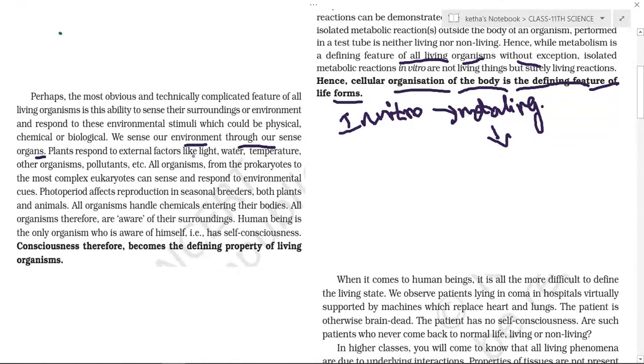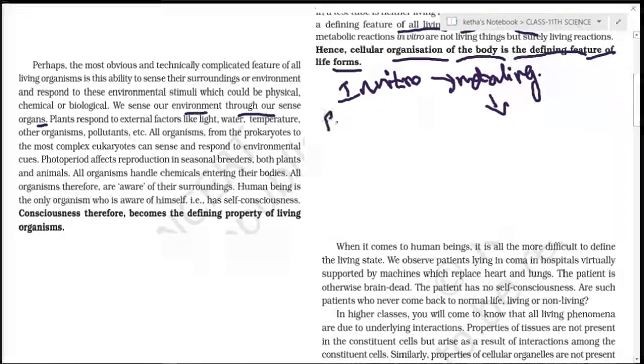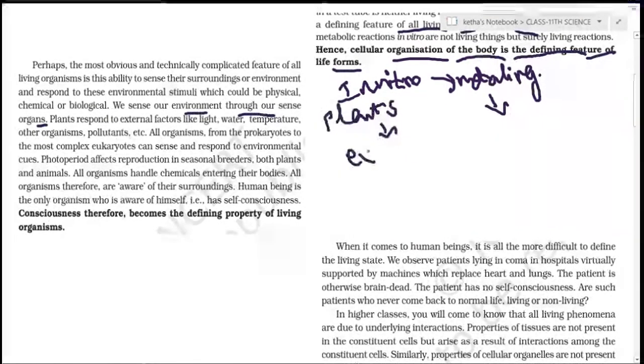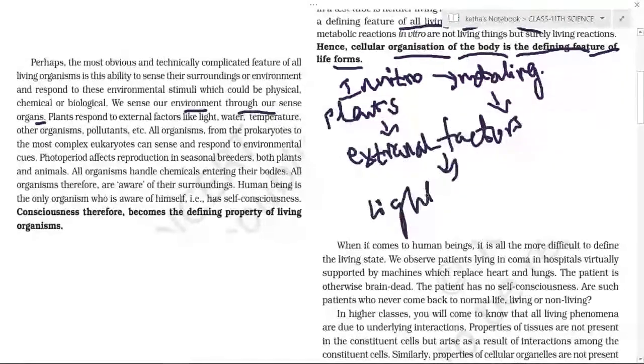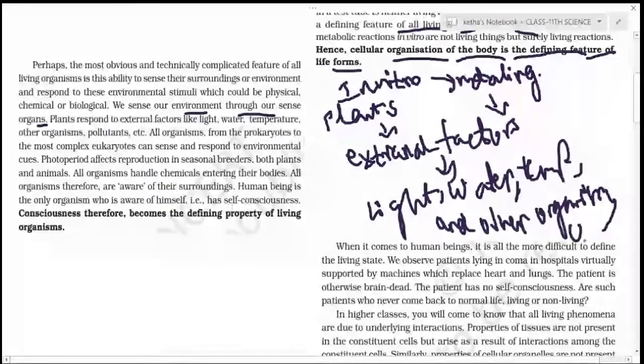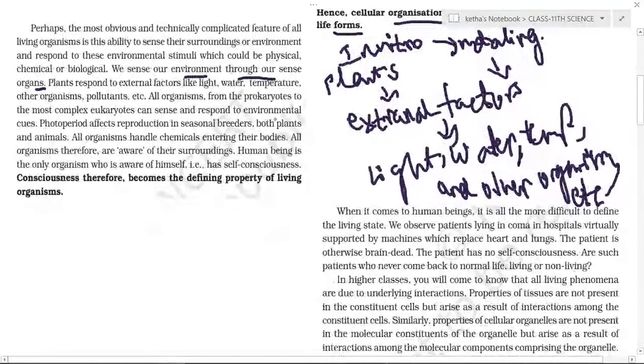Plants respond to external factors like light, water, temperature, other organisms, pollutants, etc. All organisms, from the prokaryotes to the most complex eukaryotes, can sense and respond to external cues.